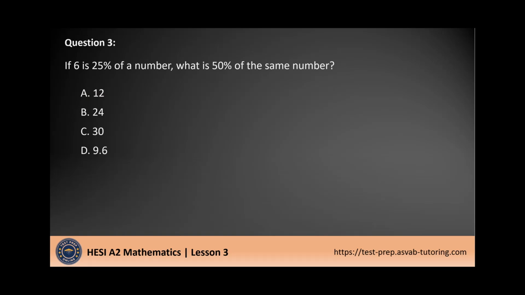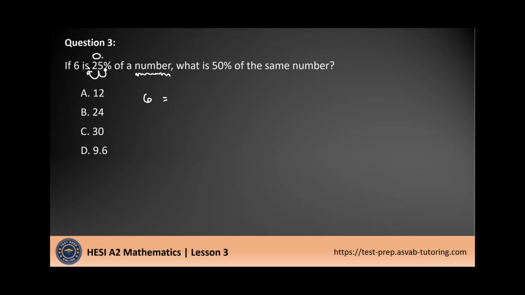If 6 is 25% of a number, what is 50% of the same number? So first we're going to have to find out what that number is. So we're going to turn this first part of our problem into an equation. 6 means equals 25%. Let's turn that 25% into a decimal by moving this 2 places to the left.